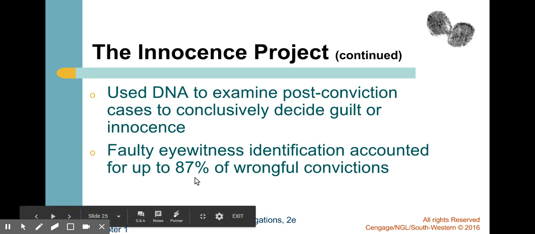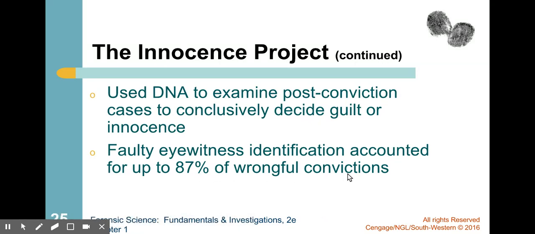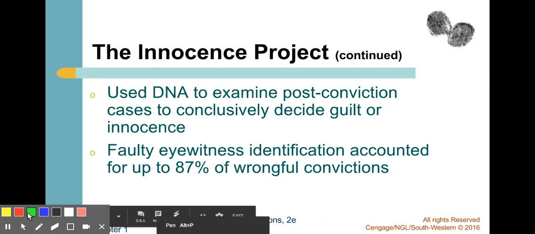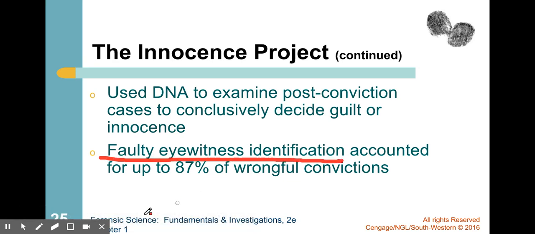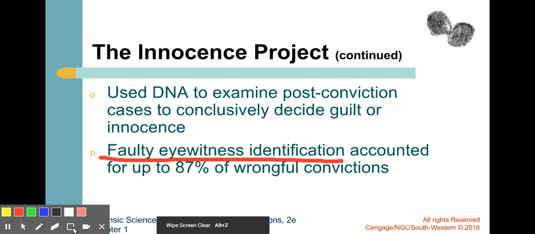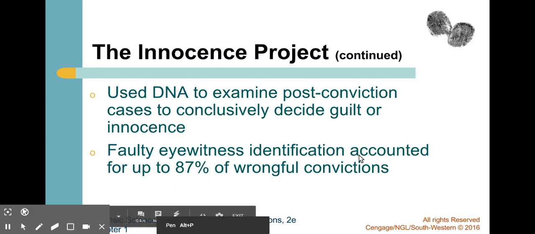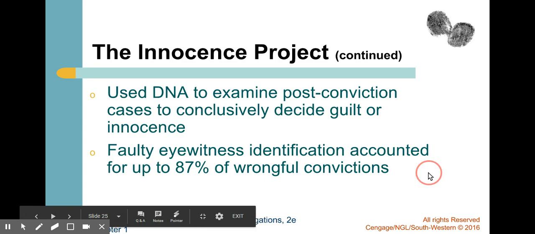What they found out was that 87% of the wrongful convictions were because of faulty eyewitness accounts. So an eyewitness can really lead to a false conviction. So that's why the jury isn't supposed to put too much weight on an eyewitness.